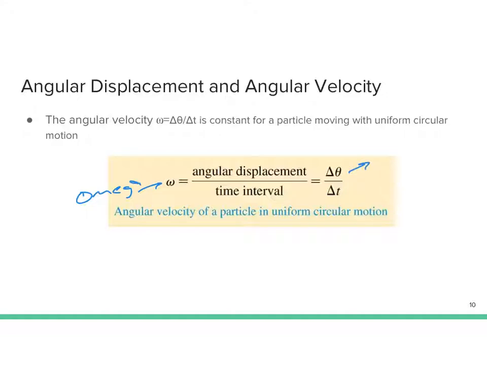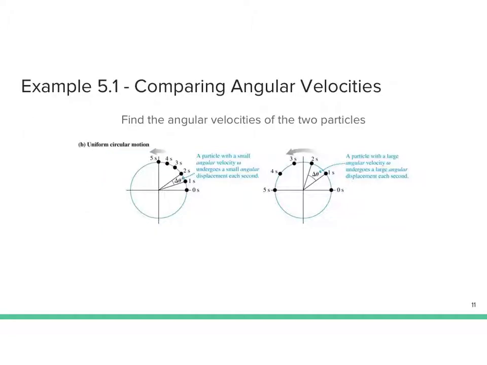This is back to the theta that we talked about just a couple minutes ago, and our time interval. So the angular velocity of any object going in circular motion isn't going to change. But in future sections, we're also going to talk about when it does change.